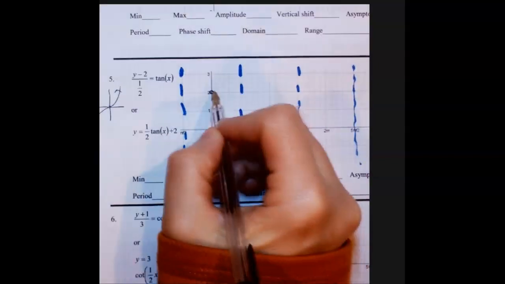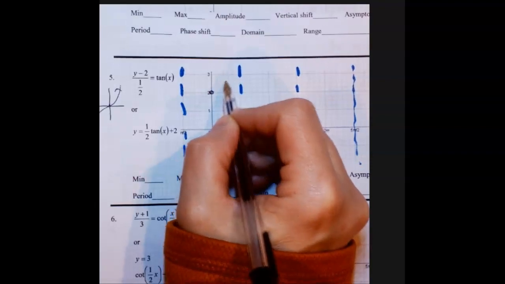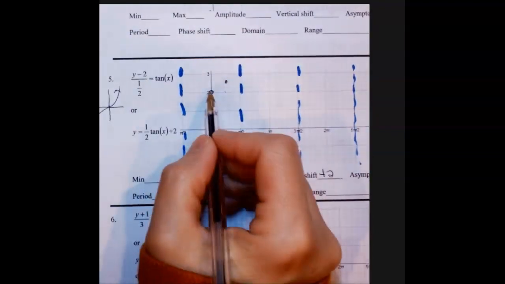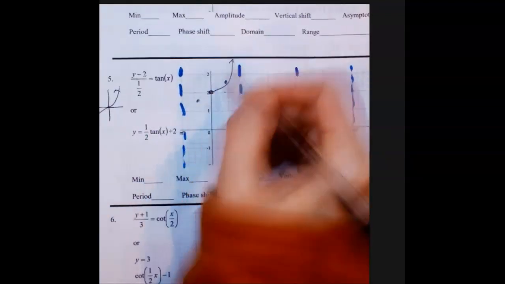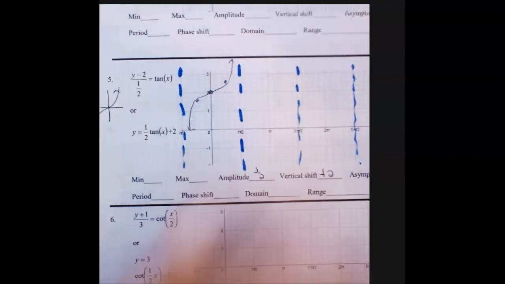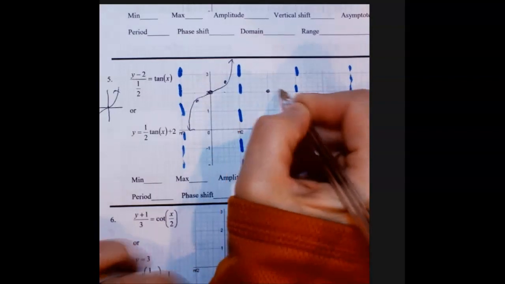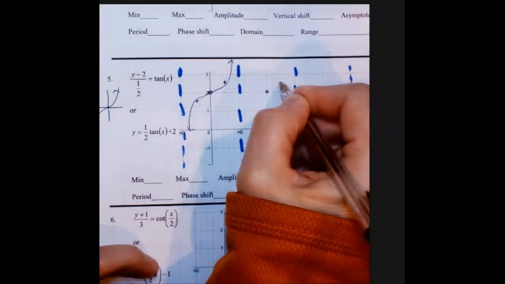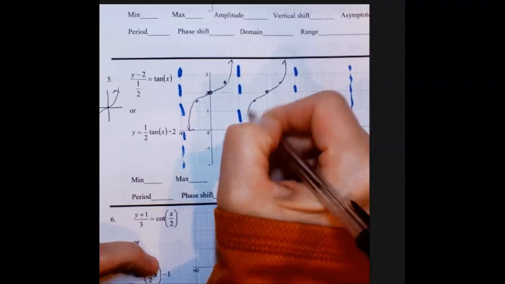So again, normally I would go over pi over 4 and up 1, but I'm just going up 1/2. Same thing here, negative pi over 4, down a half. That point in the middle, pi over 4 up a half.